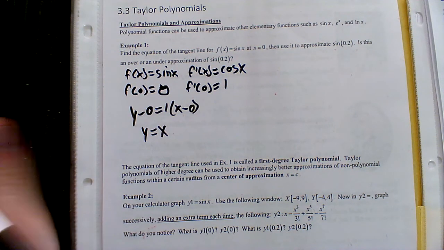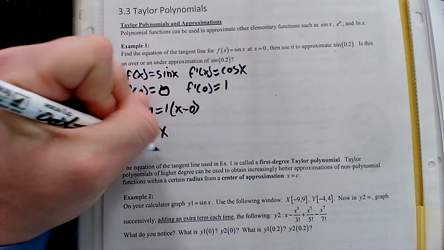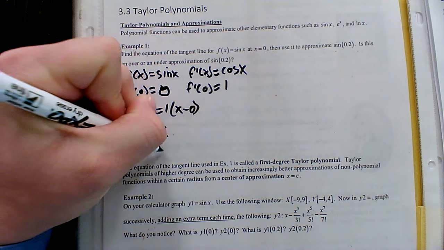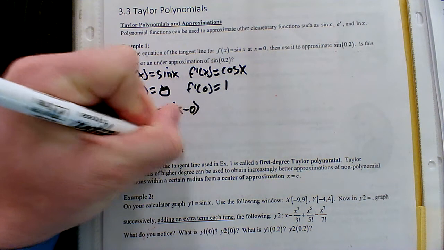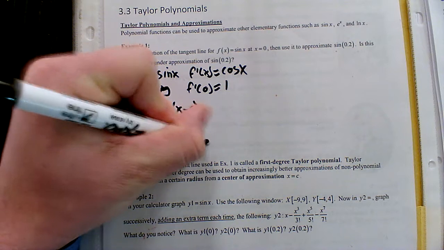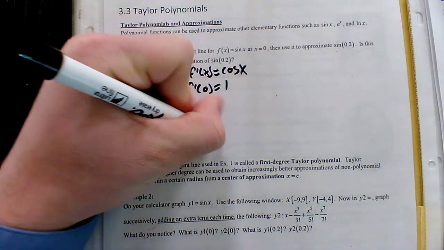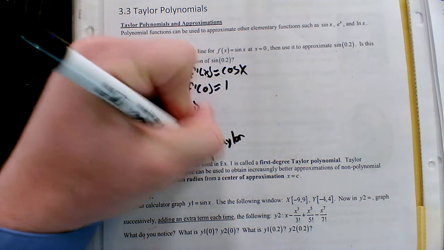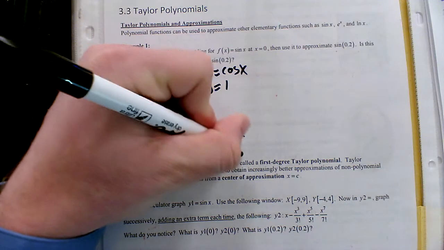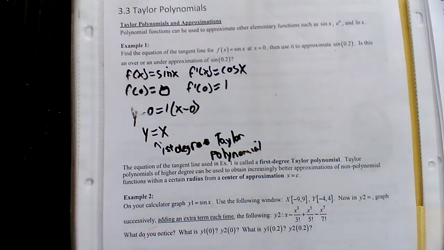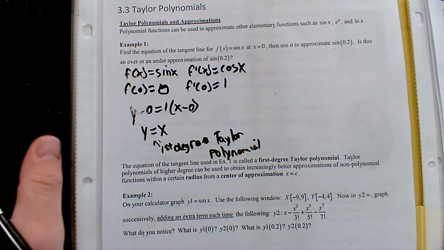As we go on, you're going to understand these a little bit more, but this is known as a first degree Taylor polynomial.